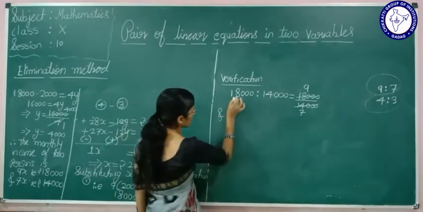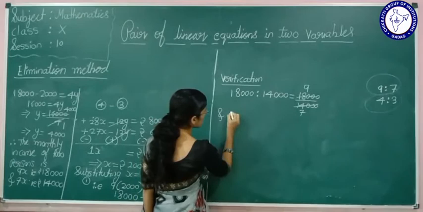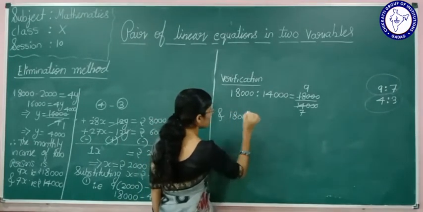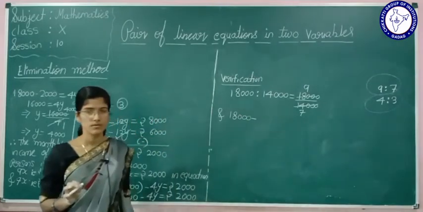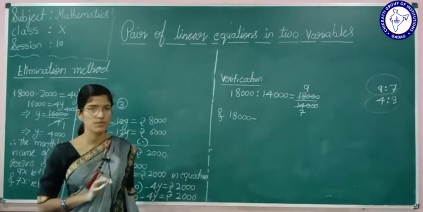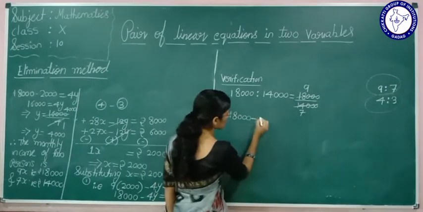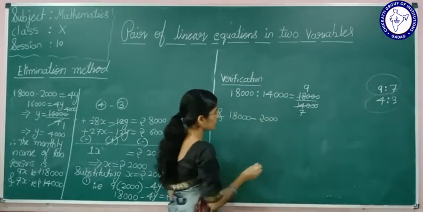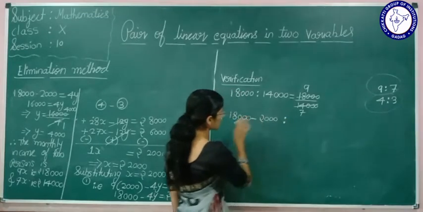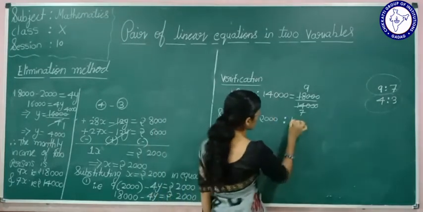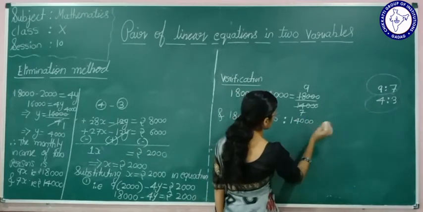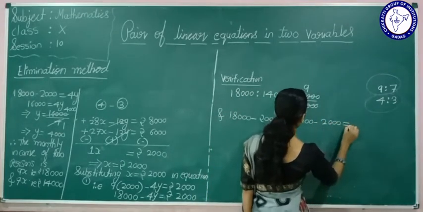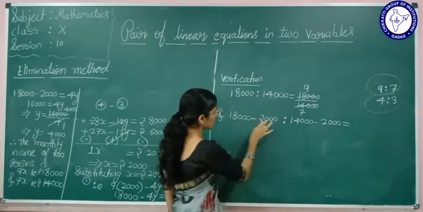And now see the expenditure. How much is the income? 18,000 is the income. He used to save how much rupees? He used to save 2,000 rupees. Yes or no? First person. What about the second person? The second person's monthly income is 14,000. How much did he used to save? He used to save 2,000 rupees. What is 18,000 minus 2,000?